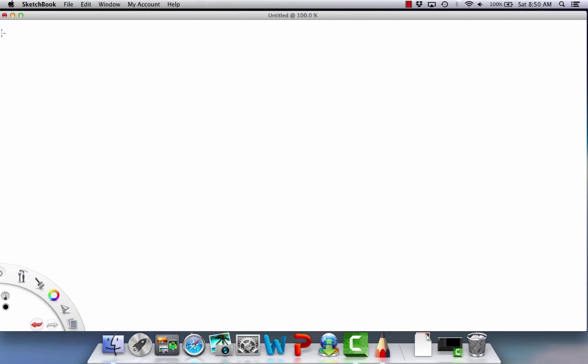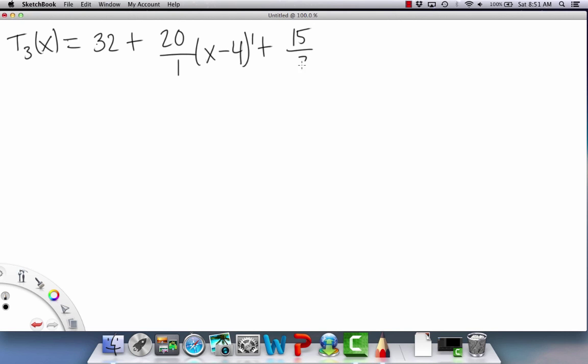So we're going to get T3 of x equals, and let's plug them in. So for our first one, f of a equals 32, and then we have plus f prime of a, which was 20, over 1 factorial, which is just 1. And then we have x minus a, which is now 4, to the 1. And then we have that added to 15 over 2. Okay.